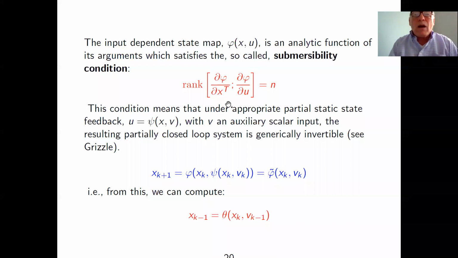This condition is somehow hidden in the linear time invariant case, basically because in the approximate discretization of a linear system, the Euler formula will produce a map that's full rank, because you always have the identity matrix added to some part of the A matrix.